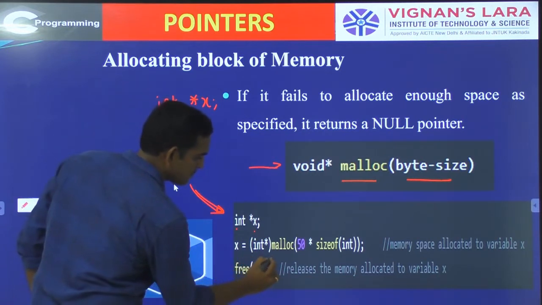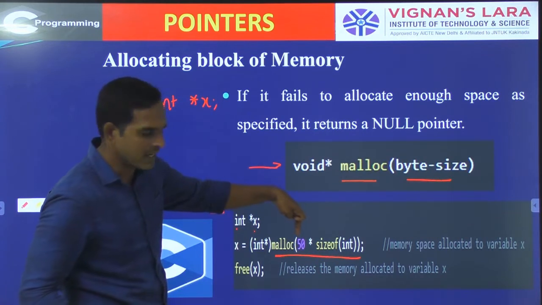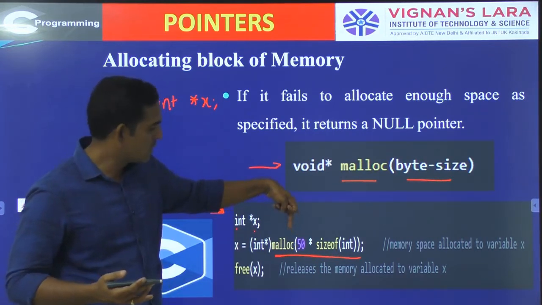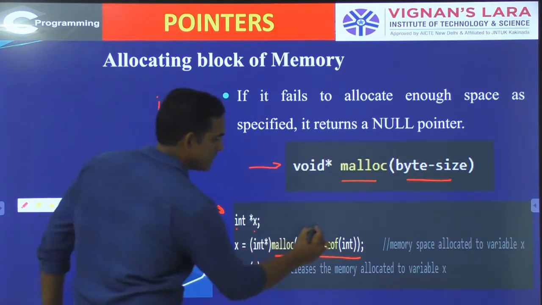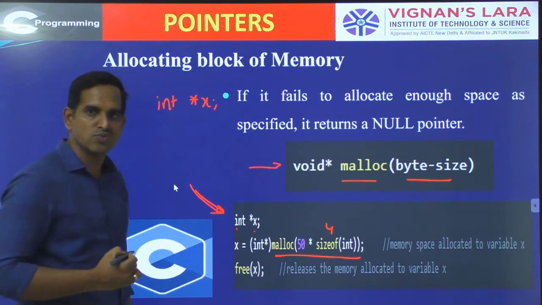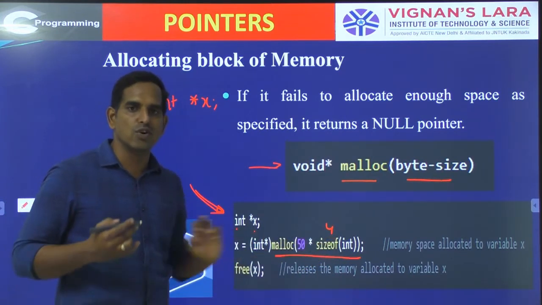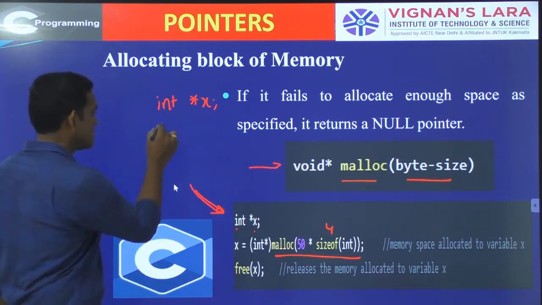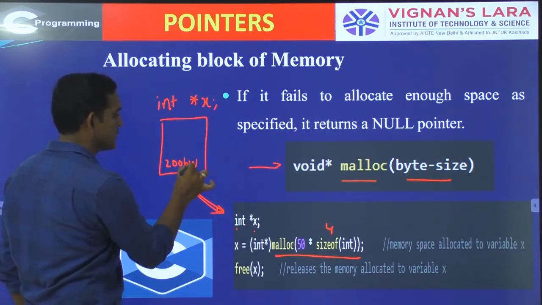Then what am I doing? I am calling malloc of 50 into size of int. That is, those many integers I want to store, 50, into size of int. Size of int means, if the system has a 4-byte integer, it will take 4. 50 into 4, a 200-byte memory block will be created.